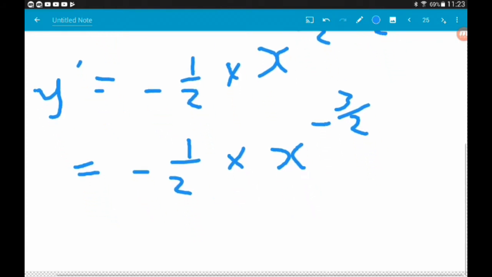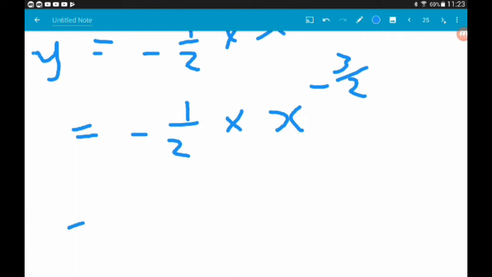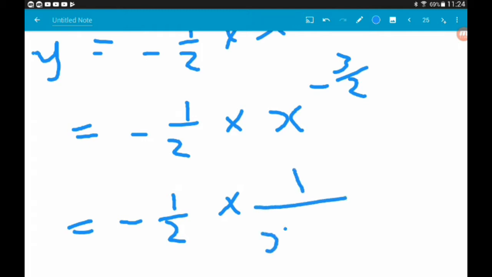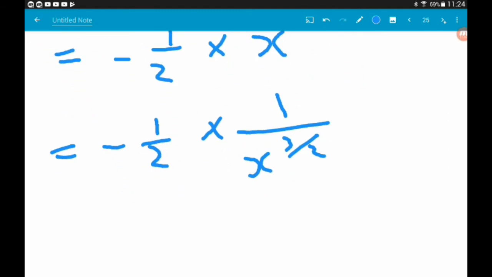Okay, so let's sort out the x term first. We've got minus 1/2 times x to the minus 3/2, which is 1 over x to the 3/2. So minus 1/2 times 1 over x to the 3/2 is saying x cubed square rooted.